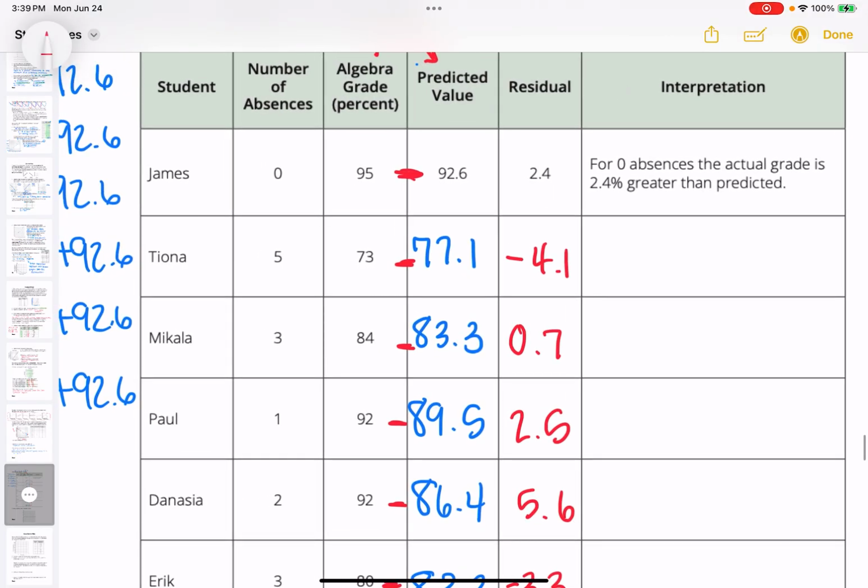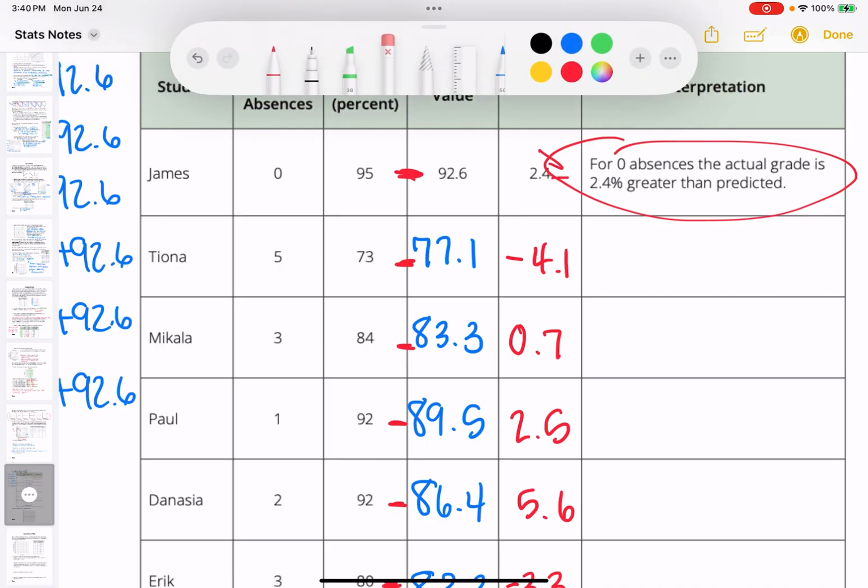Now we're going to do the interpretation. They give us an example. For 0 absences, the actual grade is 2.4% greater than the predicted. On your chart, I just want you to put the percentage greater or percentage less. Remember, if it's negative, it's less. If it's positive, it's greater. So this is 4.1% less.